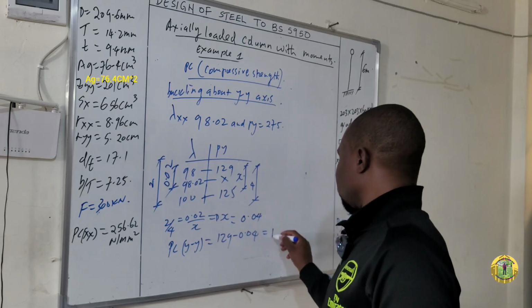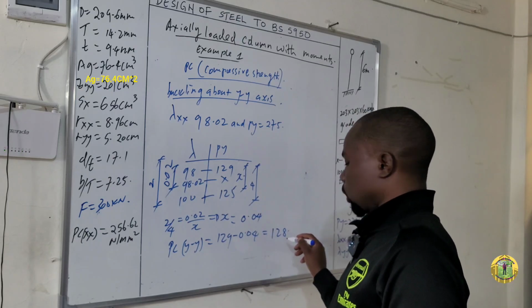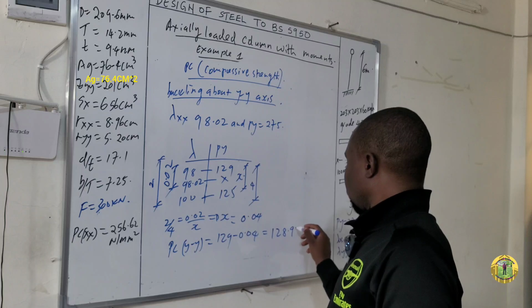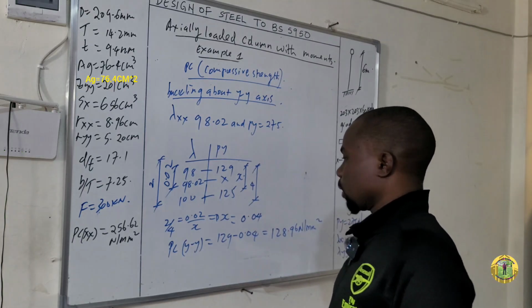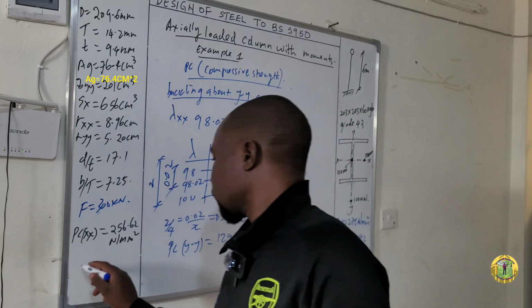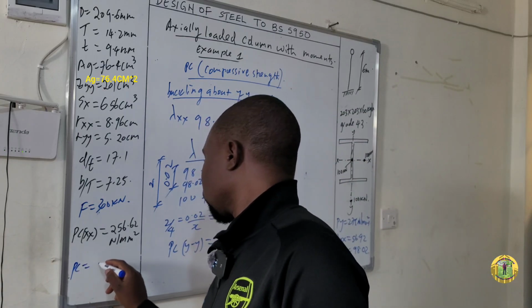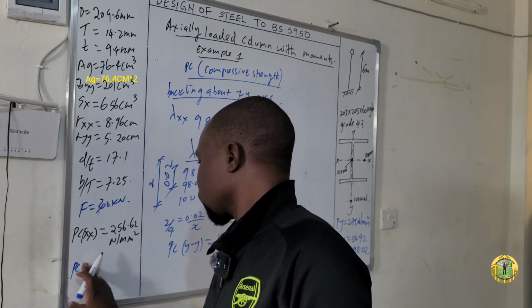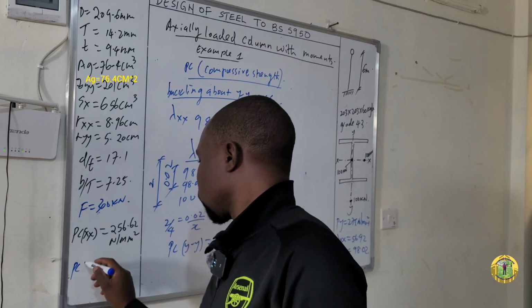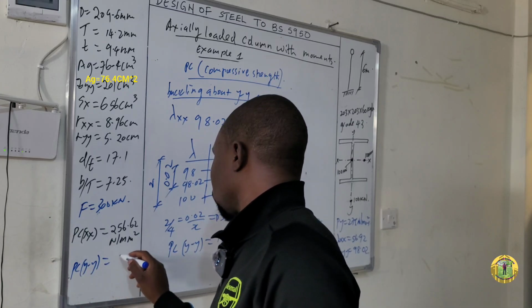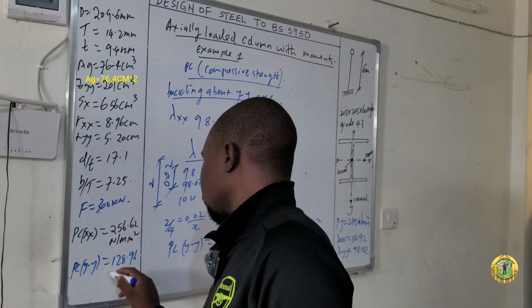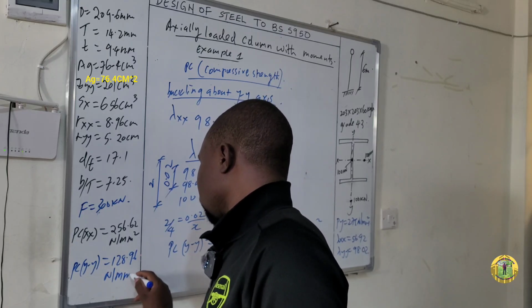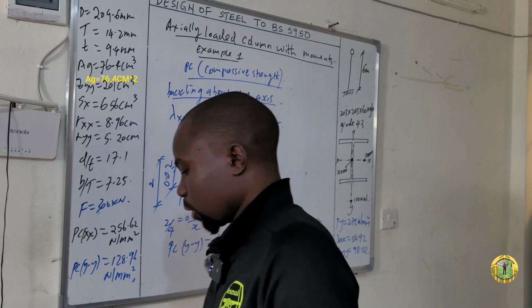So this is 128.96 Newton per millimeter square. So you'll come here and say PC for YY is equal to 128.96 Newton per millimeter square, like that.